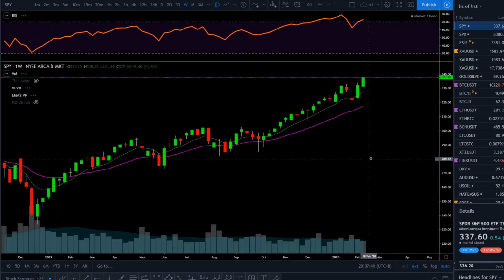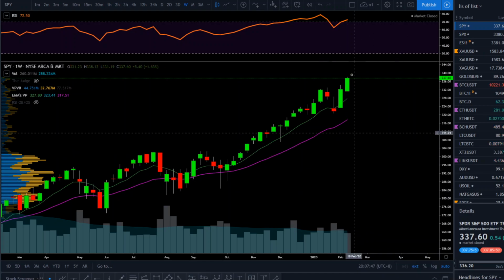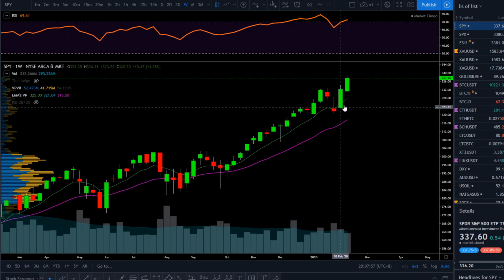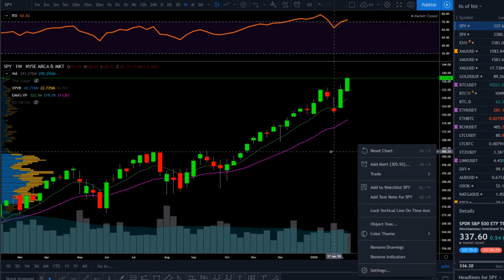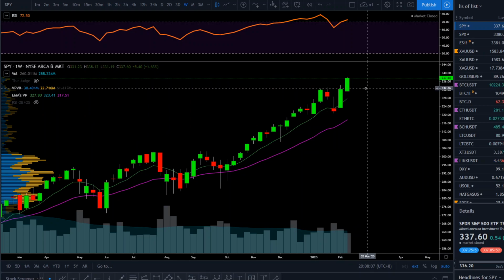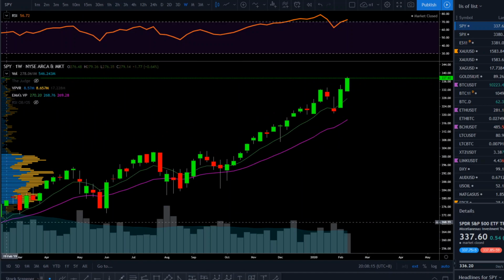Let's have a look at the weekly, because we had our close yesterday on Friday. So what are we looking at here? We're looking at very strong two candles here. We had this dip for the coronavirus for 2 weeks, and since then it got completely negated. I've listened to this guy on YouTube, and he said that if you actually look at the facts, the coronavirus numbers, like deaths and all that stuff, it's not much different from a normal flu season.